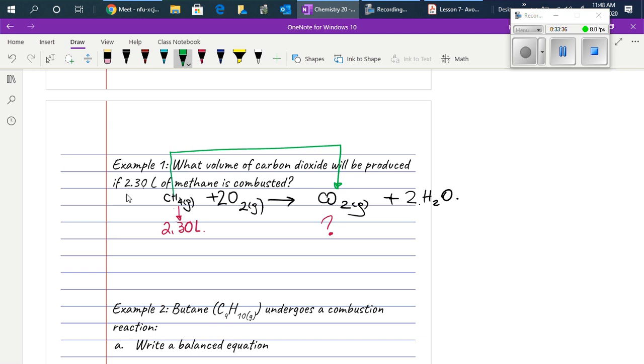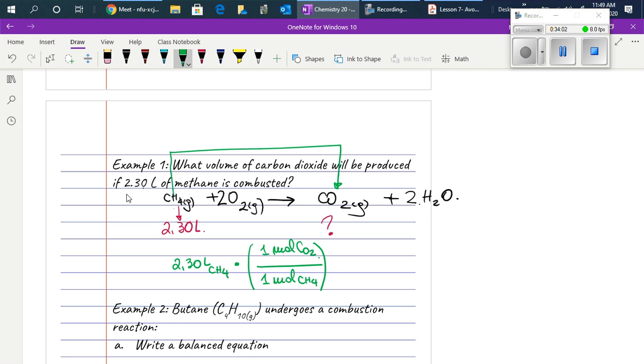The ratio of methane and carbon dioxide is 1 to 1. So 2.30 liters of methane times the molar ratio: 1 mole of methane is 1 mole of CO2.